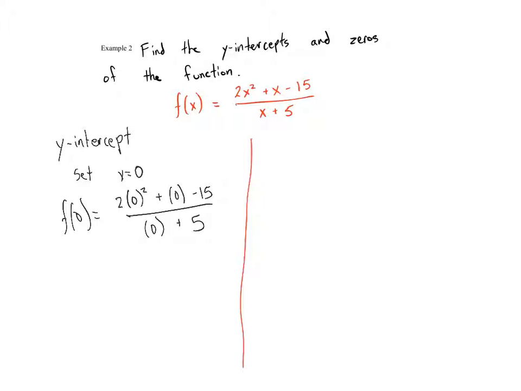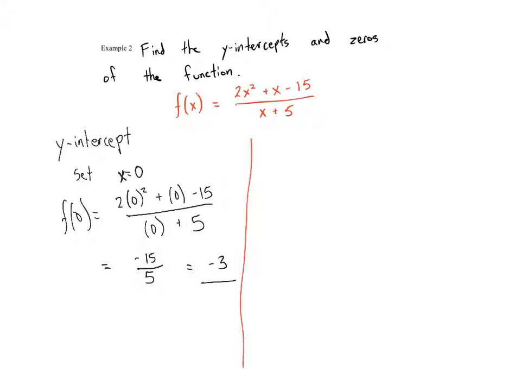Set x equal to 0, we plug in 0. What do we get? Top is negative 15, bottom is 5. So that's a coincidence. Ended up just like last problem. So what's our y-intercept?